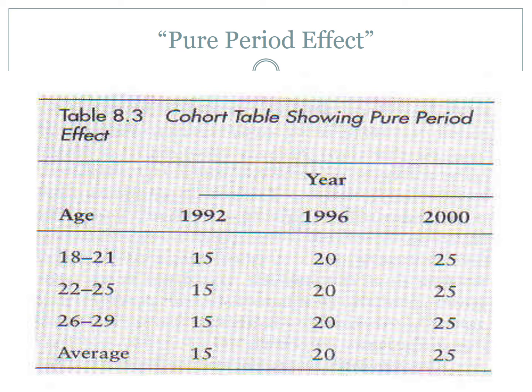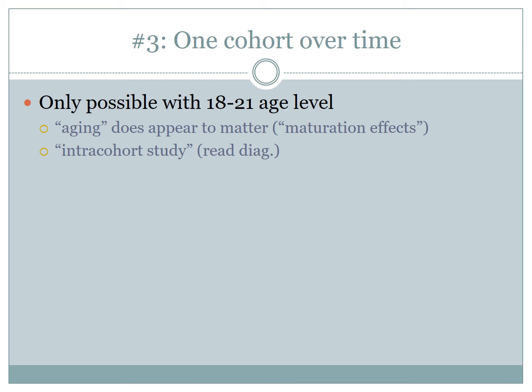So a pure period effect in 1992, it doesn't matter how old you are, it's the same result on whatever that dependent variable measure is. Same thing with 96, same thing with 2000. All perfect data, which we never see.